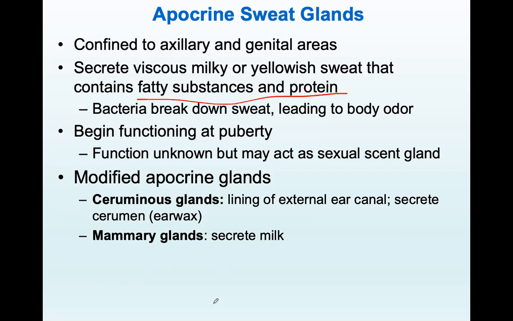In women, when they start to produce milk, the milk that comes from the mammary glands, so basically the breast, are also apocrine glands. So kind of imagine, it blows my mind every time, guys, that you have a similar type of gland that produces sweat, which is completely different from your ear wax, which is completely different from the milk produced for the babies, right? Mind-boggling. It's awesome. Sorry, I get geeky sometimes.